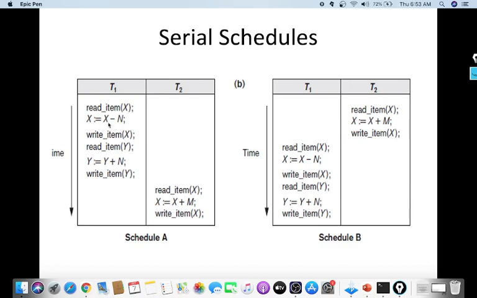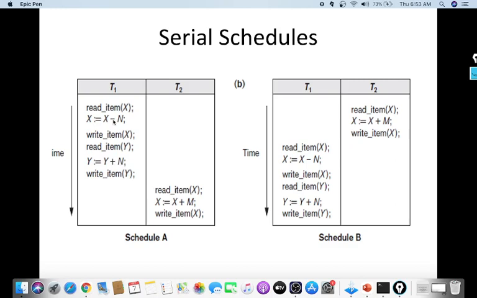So 90 minus 3 we get 87. Then we write x, so x will be 87. After that we read y. Y is 90. Then we add n again, so 90 plus 3 is 93, and we write y. So y will be 93.